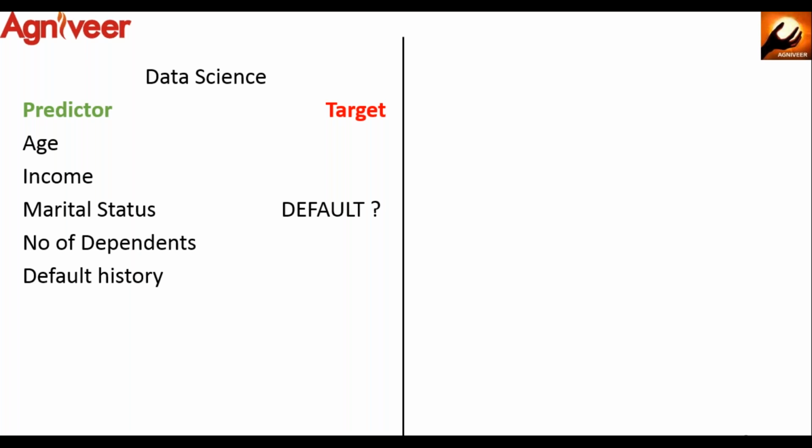So this is where I need to build a model on my historical data, where all the labeling is done and I have my target labeled as default or non-default. In the future data where I don't have my target labeled, I need to make a prediction. What is the probability that the person will default? So this is one of the simplest examples of data science where we calculate the probability.